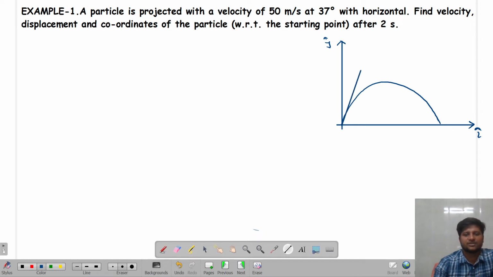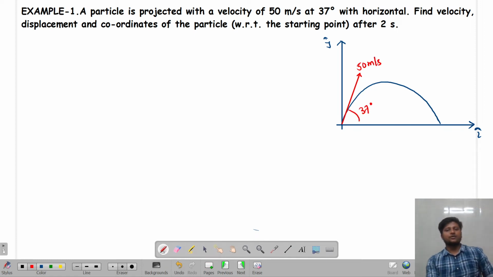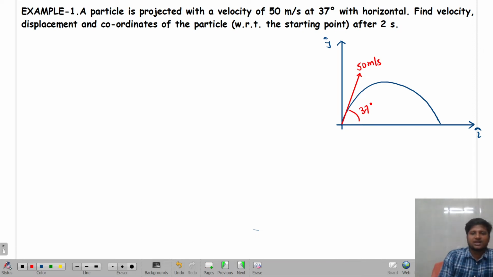Initial velocity is also mentioned, and the initial velocity is equal to 50 meter per second at 37 degree. Okay, so already I told in class that I will utilize 37 and 53 so that you can remember in your exams perfectly. What it is asking? It is asking to find the velocity and the coordinates of the particle with respect to the starting point after 2 seconds.